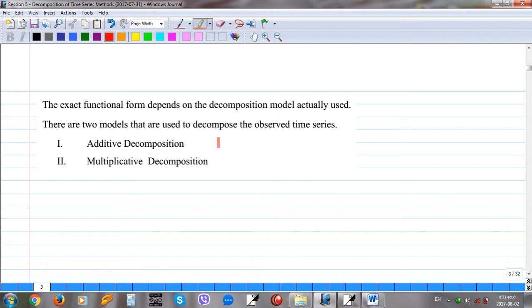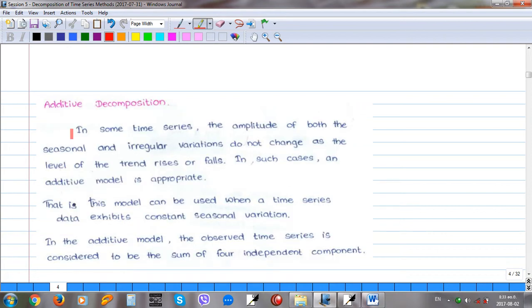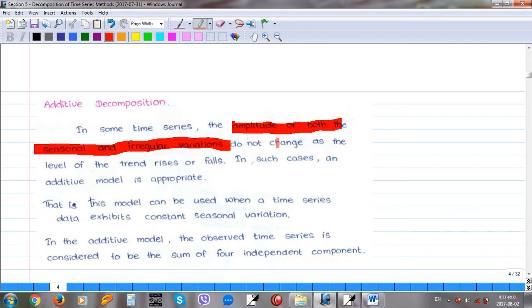There are 2 models that are used to decompose time series. The 2 models are additive decomposition and multiplicative decomposition. Additive decomposition: in some time series, the amplitude of both seasonal and irregular variance do not change, while the trend rises or falls.